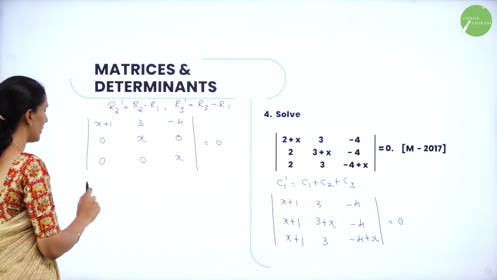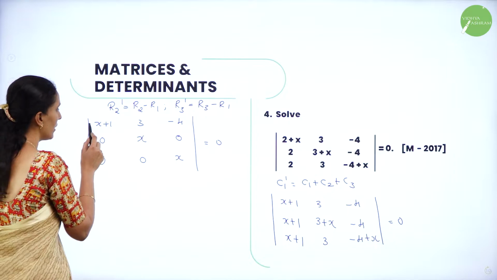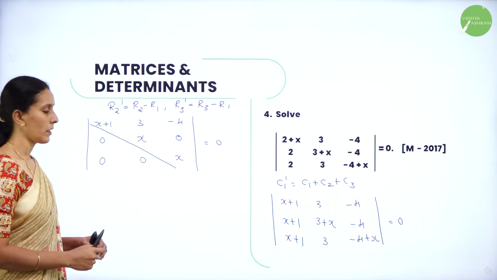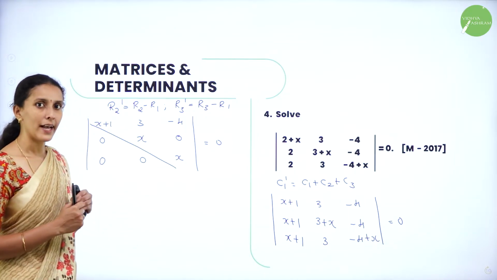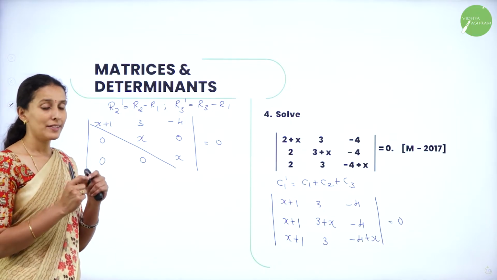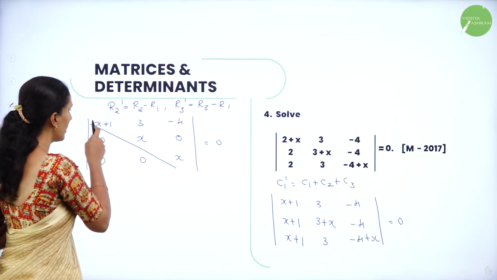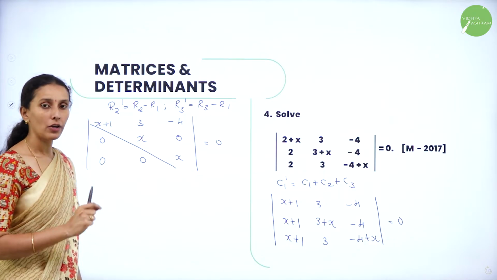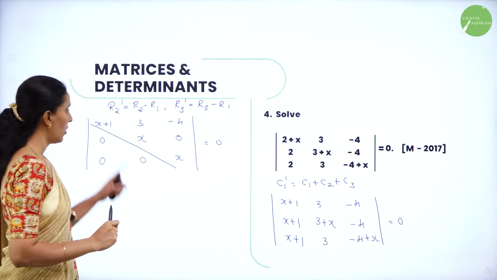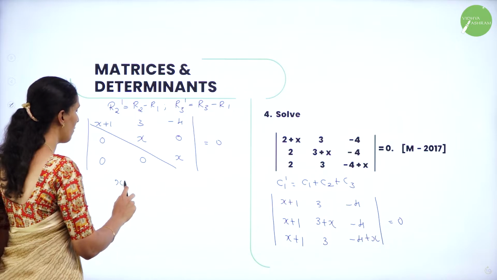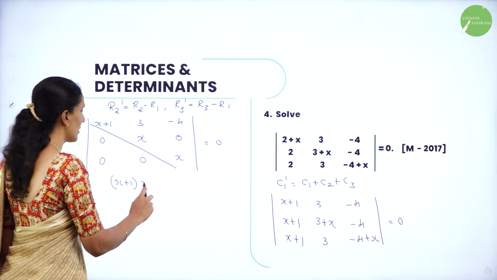Now, expand the determinant. Here we can see this is the principal diagonal, and the elements on the other side of the principal diagonal are 0. Hence, by the property of determinants, the value is equal to the product of the principal diagonal elements. The principal diagonal elements are x plus 1, x, and x.